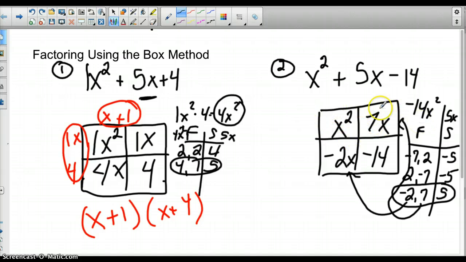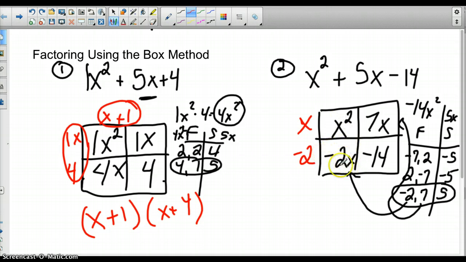So now I have to go across row and column, so I do my x squared and 7x, which will give you a GCF of x. Negative 2x and negative 14 would have negative 2. You want to keep the sign of the part of the rectangle that is closest to where you're coming out of.